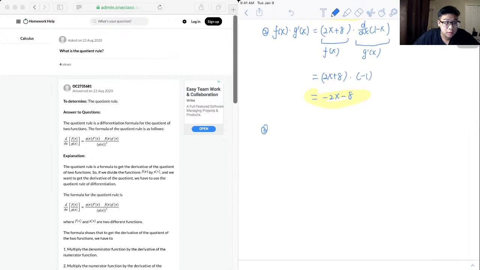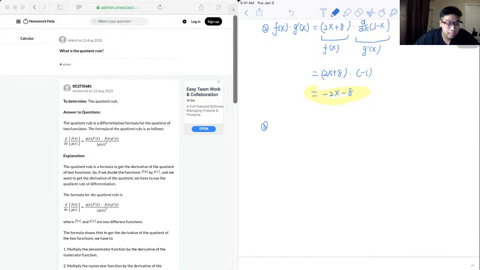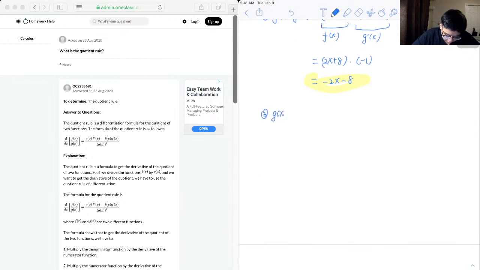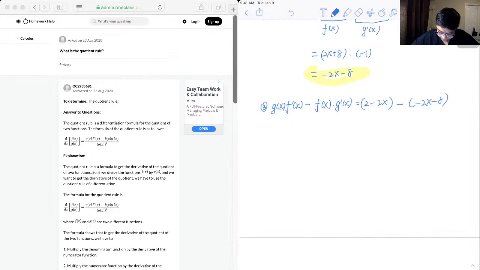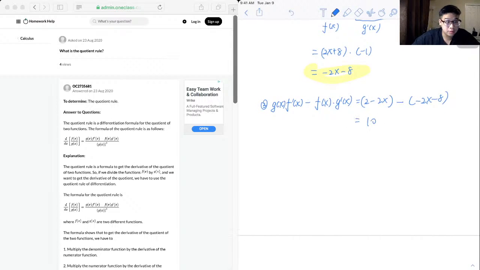So it's going to be g(x) times the derivative of f(x) minus f(x) times the derivative of g(x), which is 2 minus 2x minus negative 2x minus 8, which is equal to 10 after the calculation.